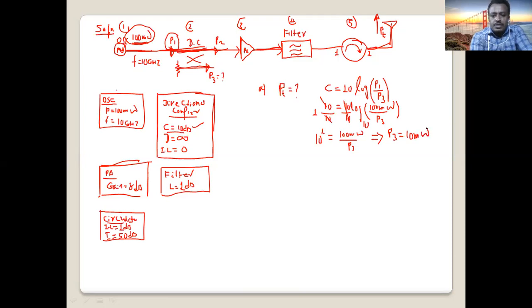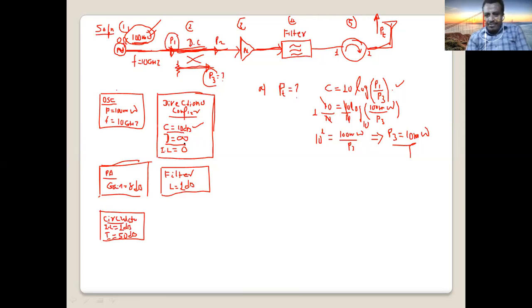Okay. So from our coupler, from C, now we have 10 milliwatt going to port number 3. How much input? 100 milliwatt. How much goes to port 3? 10 milliwatt is sampled. Another specification, look here.